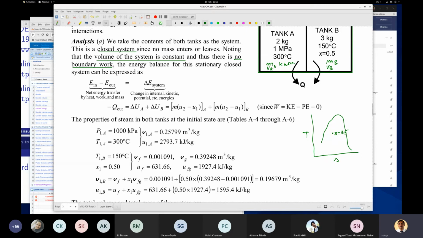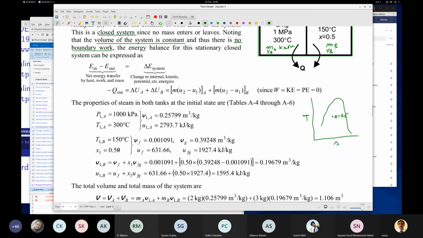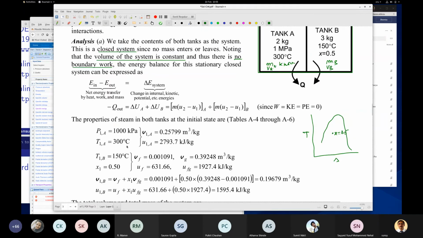So P1A is known: 1000 kilopascal and 300 degrees centigrade. So the specific volume is known, and the internal energy is also known. What about T1B when it reaches state B? T1B is given as 150 degrees centigrade, with x equal to this, so here also it is known.